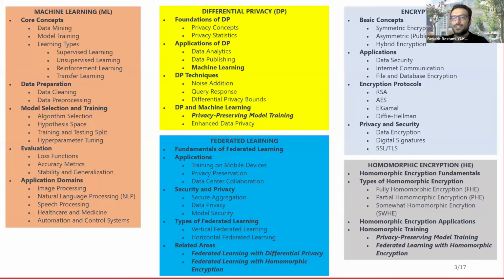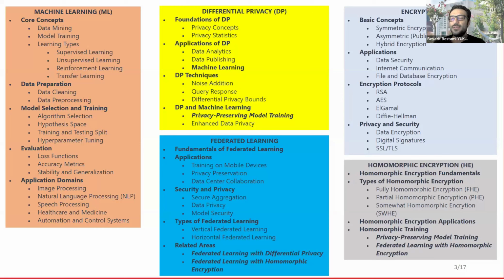Just for recall, this classification shows how machine learning provides the foundation for topics such as differential privacy, federated learning, encryption, and homomorphic encryption. Differential privacy and encryption are techniques for enhancing privacy and security in machine learning and data analytics.